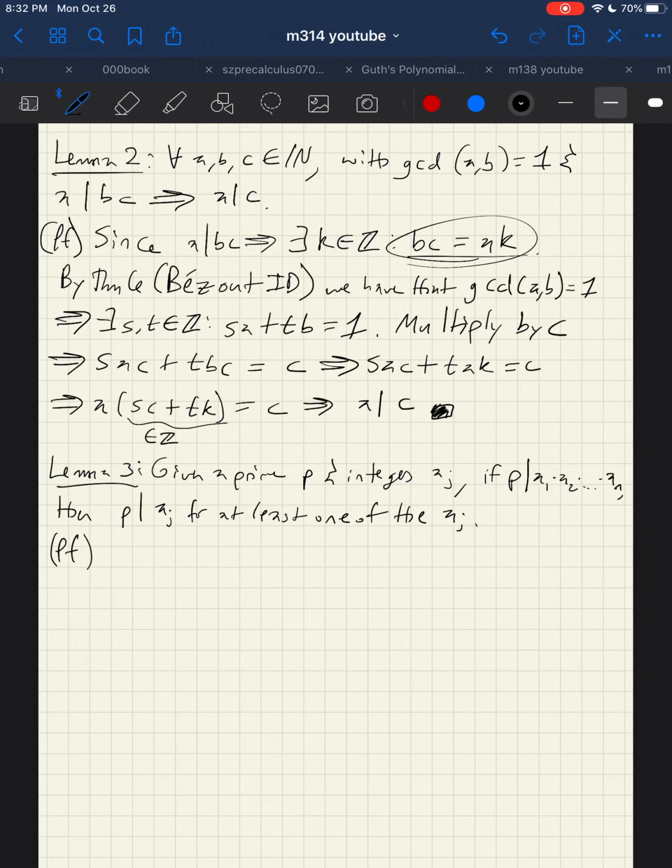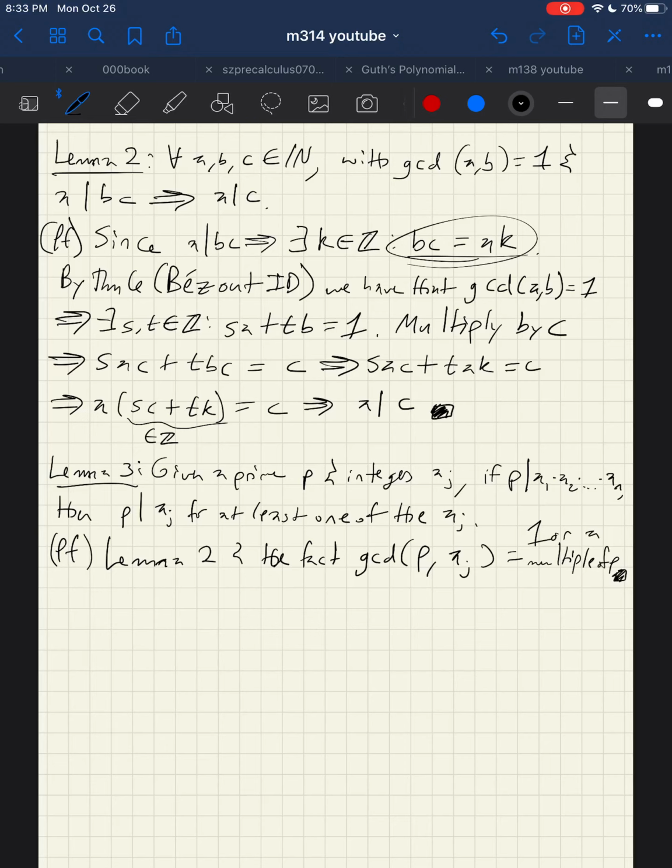And the proof, and I'm not going to give you the whole proof, is basically lemma 2 and the fact that the GCD of a prime with anything is 1 or a multiple of p.